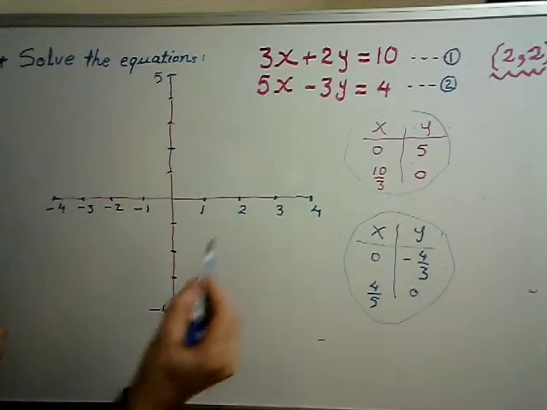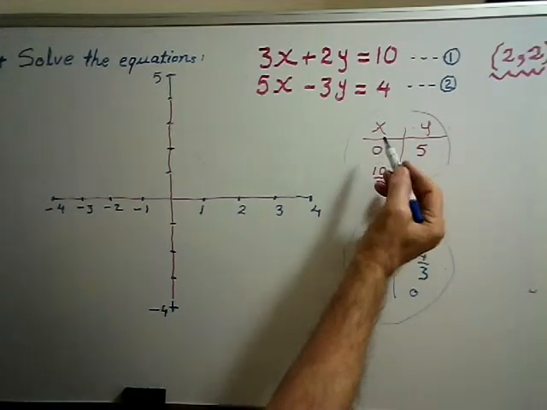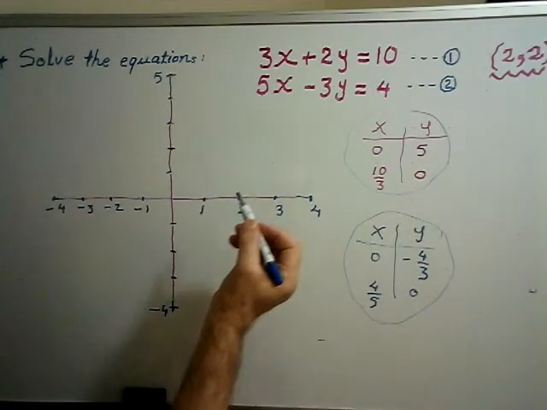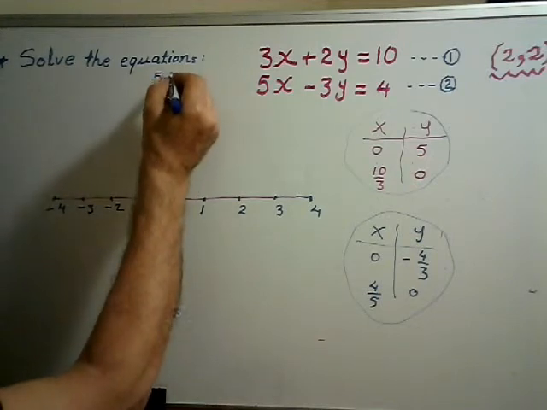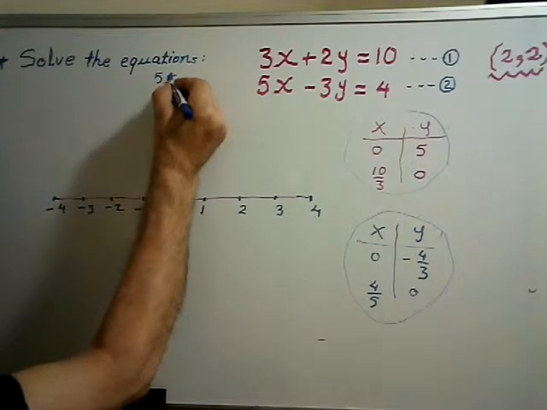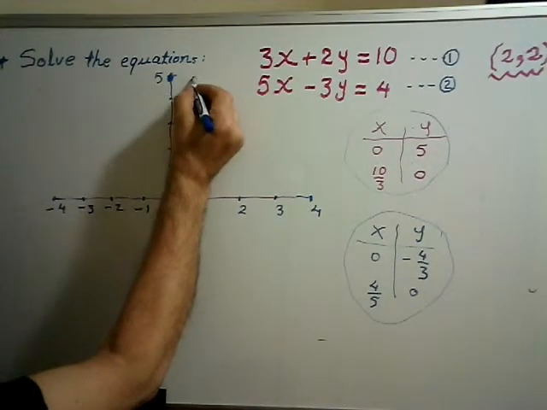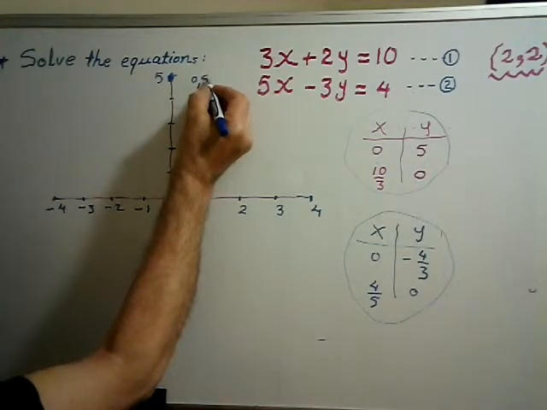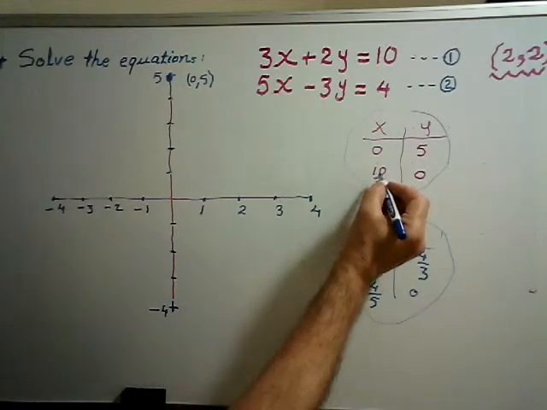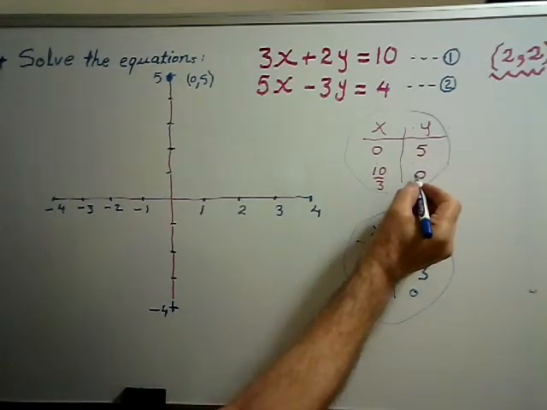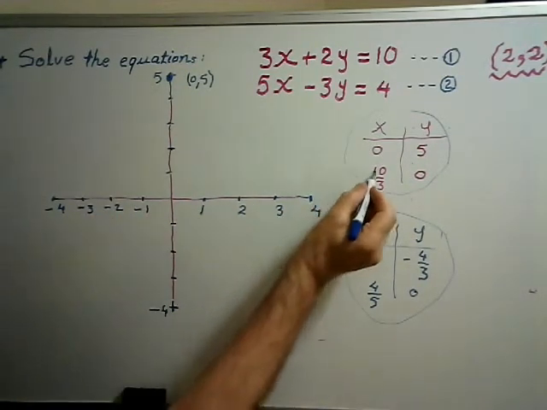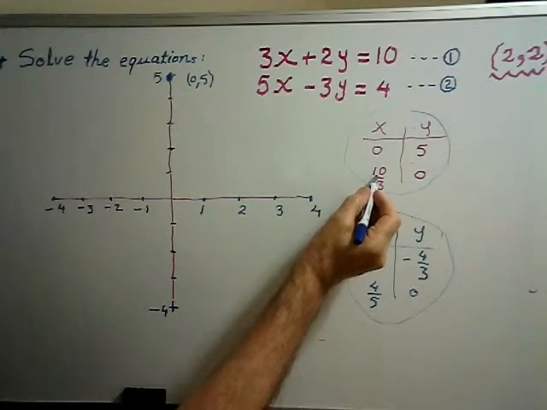For the first line, we said x is 0, y is 5. X is 0, that's on this axis. Y is 5, so this point here: 0 and 5. Here x is 10 over 3 and y is 0. That means on the x-axis, 10 over 3, I said it's 3 and 1/3.